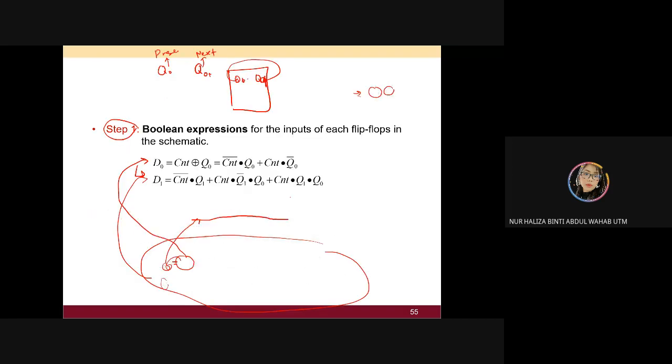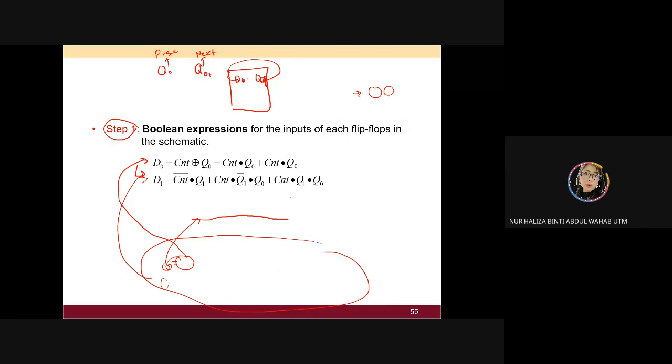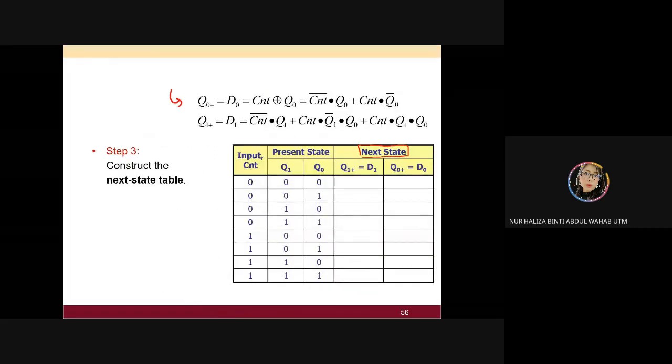If you look over here, you have your CNT, and of course you're going to have D1 and D0. Where is the table? Your input will be 000, 001, 010, and so on. So how are you going to get your next Q1 and next Q0?